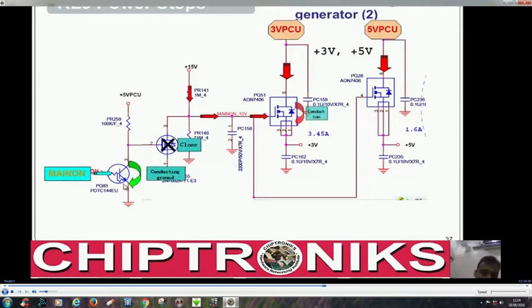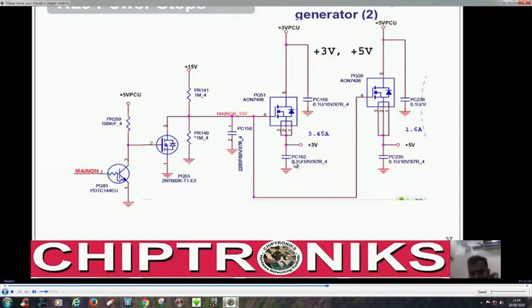Current will flow from collector to emitter, so this point would be connected to the ground, voltage would drop here, so the voltage at the gate is 0, so this is an N-channel MOSFET, this MOSFET will turn off and this 15 volt would reach the gate. Since this is an N-channel MOSFET, voltage at gate is more than voltage at source, so this MOSFET will get enabled and this plus 3V PCU is connected to the plus 3V.